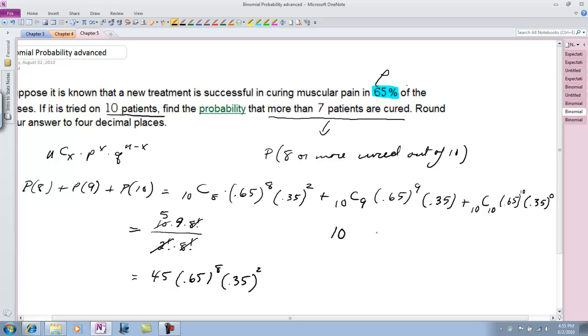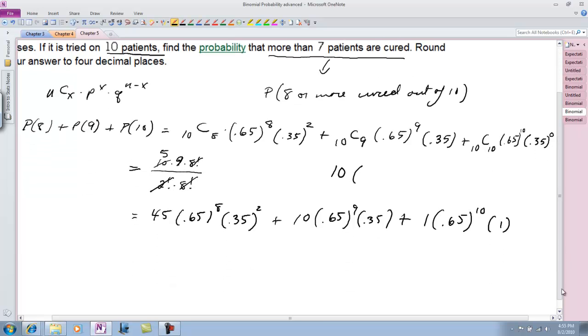It's 10. Don't even have to do anything if we know our combo rules. And then we still have the 0.65 to the 9th, so it'll be 10 times 0.65 to the 9th times 0.35. And here, anything n choose n is the same as n choose 0. Either one, you get 1. So this is plus 1 times 0.65 to the 10th times 1, because 0.35 to the 0, anything to the 0 power, is 1. So this would be our result. And you can just type that in your calculator and get your answer.